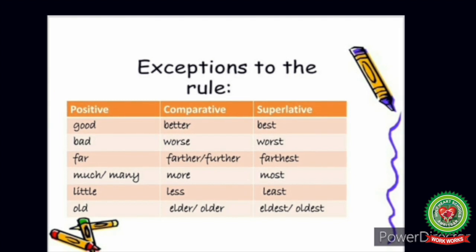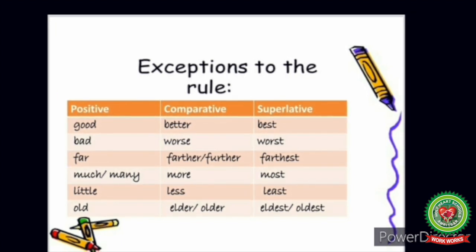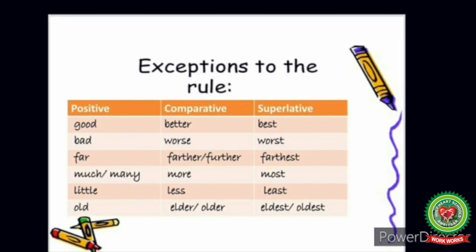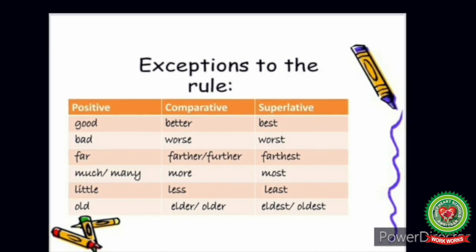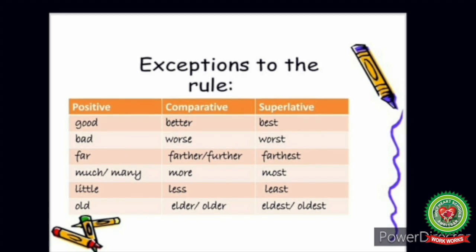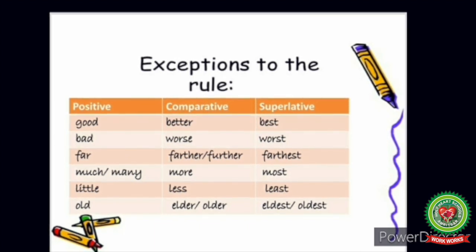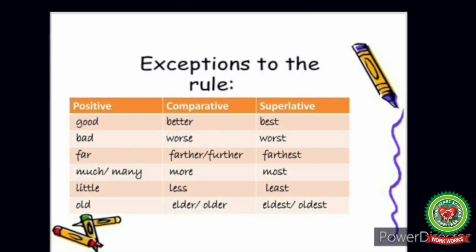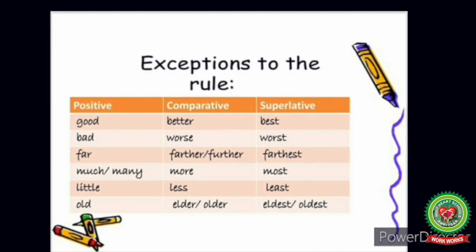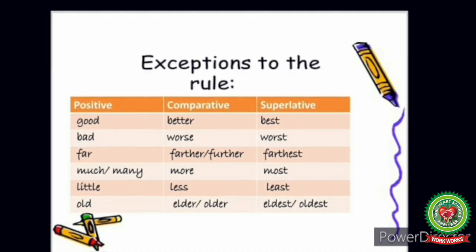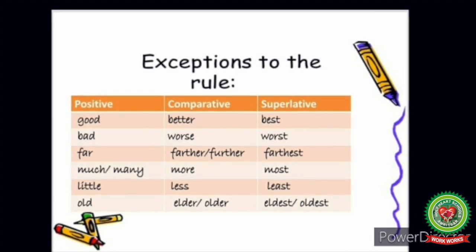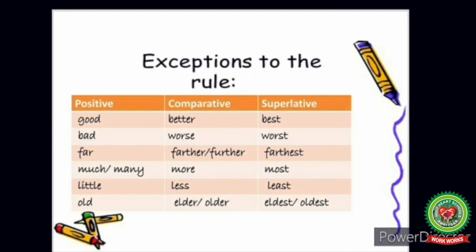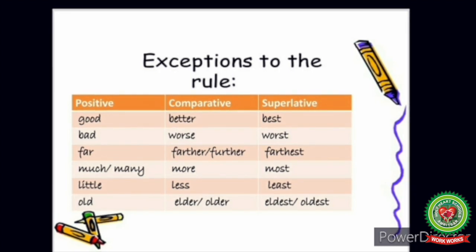For example, good, it will become better in its comparative degree and best in its superlative degree. Similarly, for bad, its comparative degree is worse and its superlative degree is worst. Far, its comparative degree is farther or further. Its superlative degree is farthest.